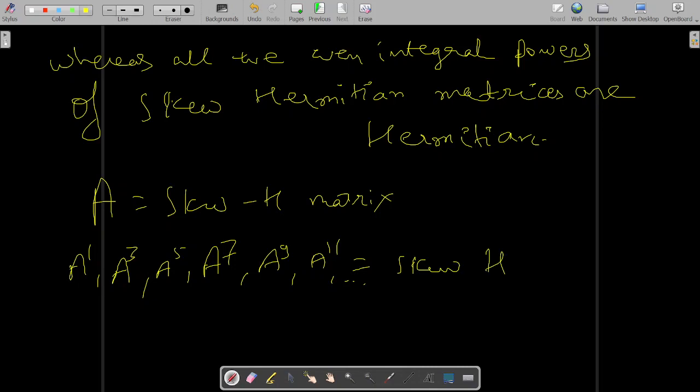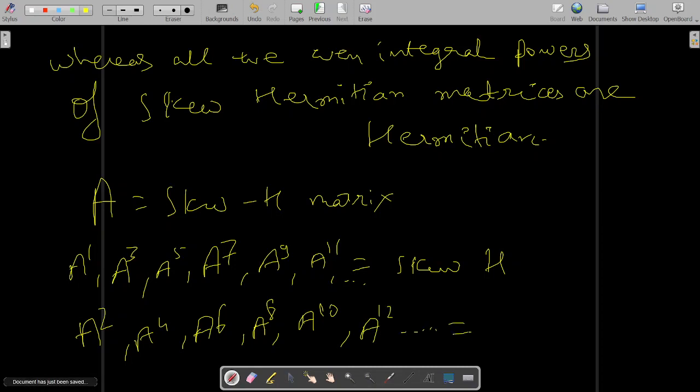And positive even integral powers like A square, A to the power 4, 6, 8, 10, 12, all these will be Hermitian.